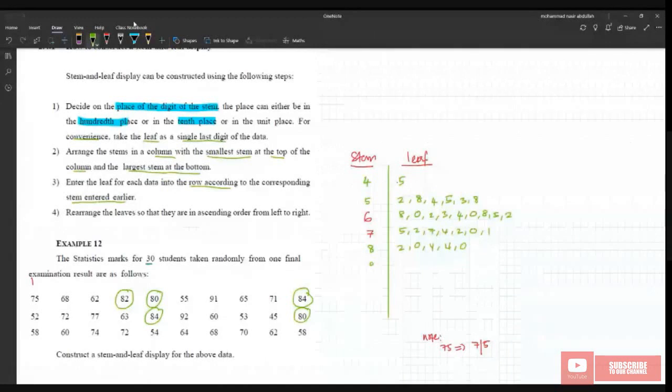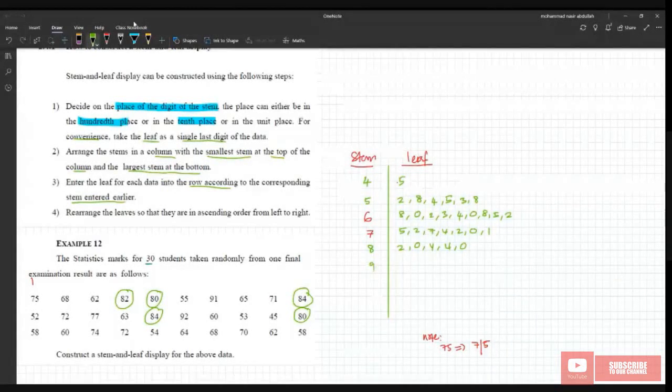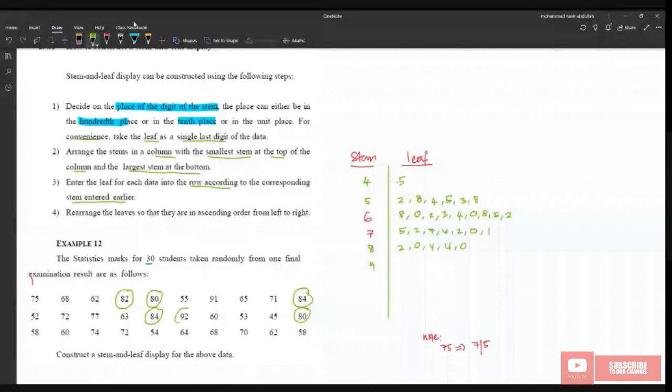We have 92, 91, only 2 observations for 90, right? So 1 and 2, right? So this is the first step, right? So actually you can jump to the second step straight away, but I like to do things organized.